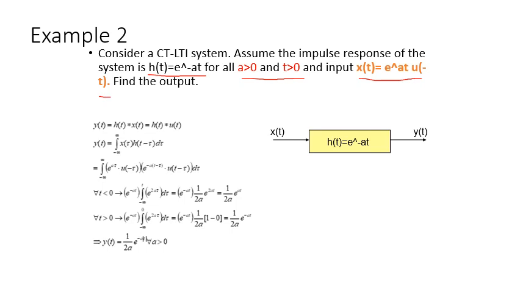So with the input signal x of t and the impulse response h of t, we have to find y of t. Again, we use the formula of convolution and substitute the values. We arrange the limits in such a way that the conditions of u of t are satisfied, and we integrate, and finally we put in the limits to obtain the final result.